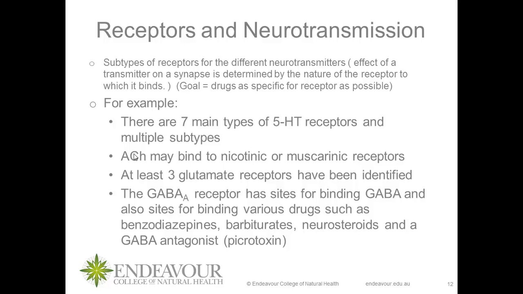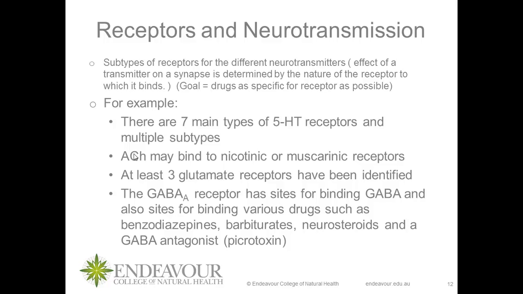Gamma-aminobutyric acid has one receptor type called GABA-A. We know with this one that drugs such as benzodiazepines bind to their own site on the GABA receptor, not the actual receptor itself where the GABA binds, but somewhere else, and so then in those ways affect inhibitory signals in the CNS where pain perception is reduced.